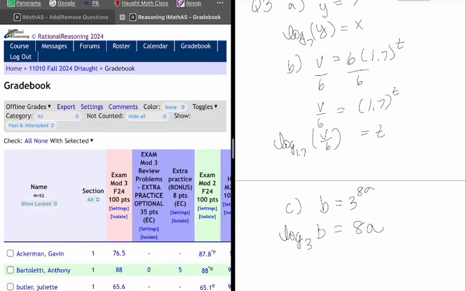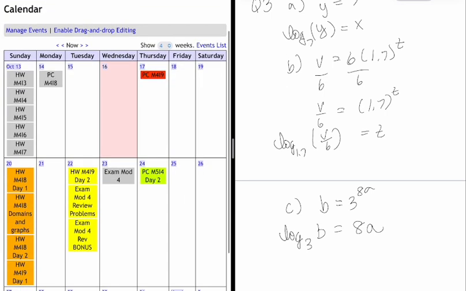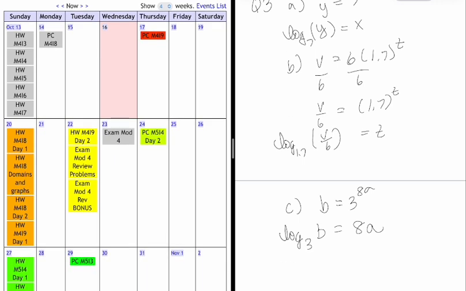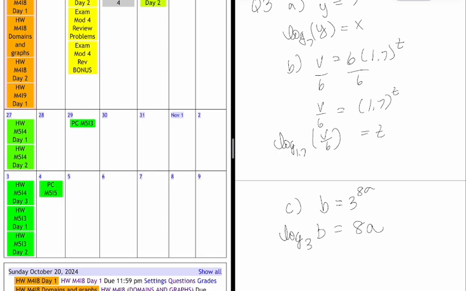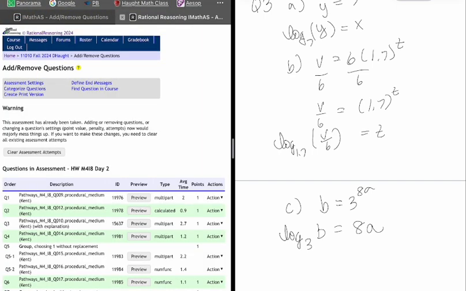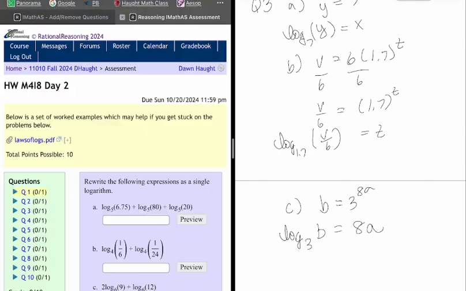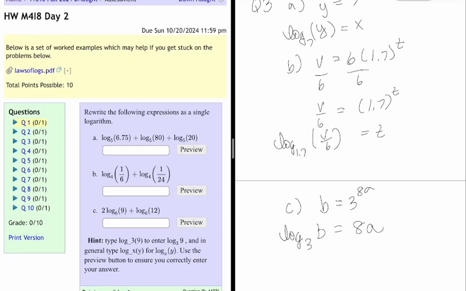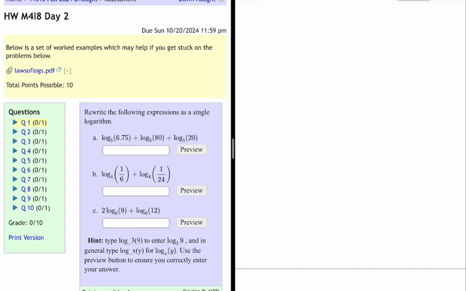At this time, I want to look at homework 4-8 day 2. Okay, so go into homework 4-8 day 2 questions. I have to press a million things to get there, but okay, it looks like this. Homework 4-8 day 2 looks like this. The first thing they want us to do, this is why I wanted you to practice it, is to condense A, B, and C, okay? So let's go ahead and condense these things.